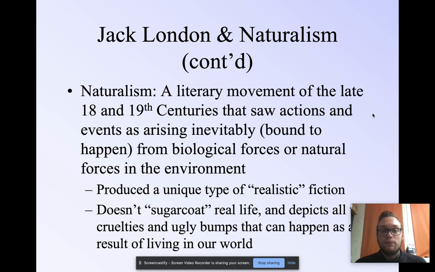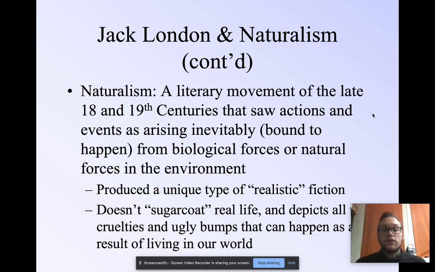And people who wrote in this style, people who were naturalist writers, saw things that happened in the world as something that humans couldn't really control. They saw that whatever happens in our lives is because it was natural. Right?